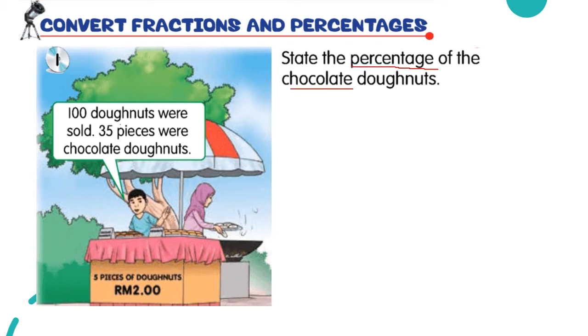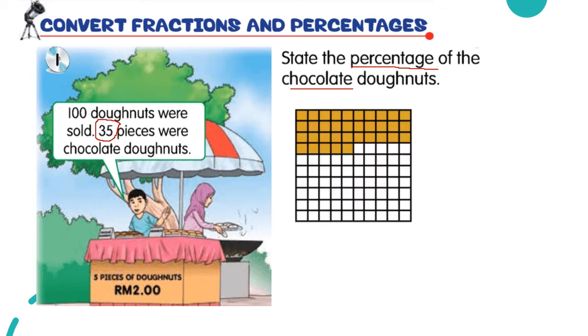As you can see from the picture, 35 out of 100 donuts were chocolate donuts. So by using the 100 grid like this, from 100 we can shade 35 of it to see the percentage of the chocolate donuts.